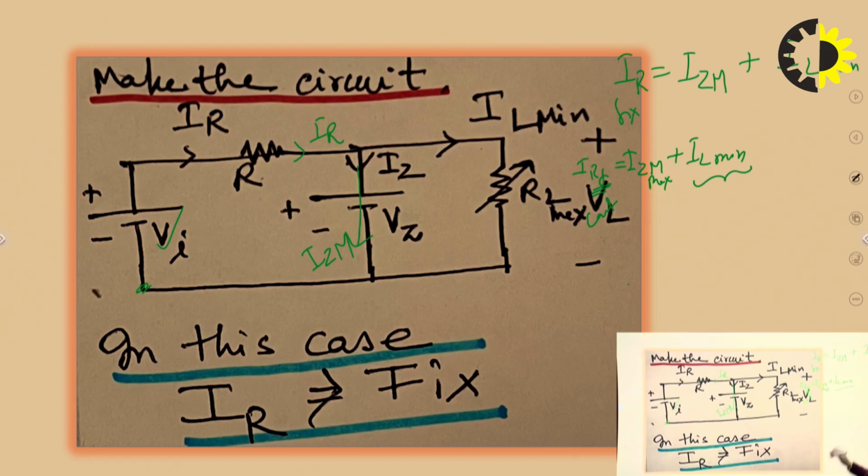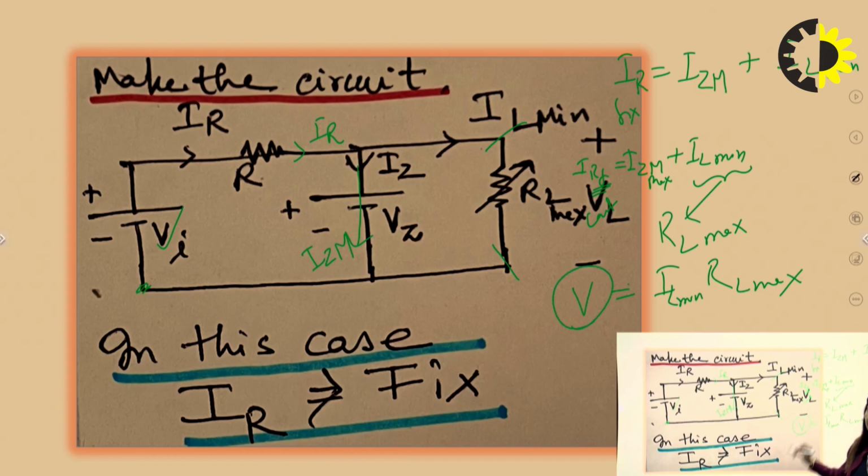And if IL is minimum, then RL should be what? It should be maximum, because V is equal to I into R. If IL is minimum, then RL should be maximum, because their product is also a constant value. And this is nothing but VL is equal to VZ. Now the question is being solved.